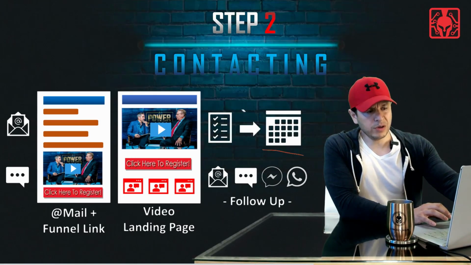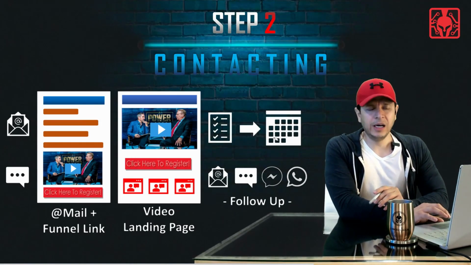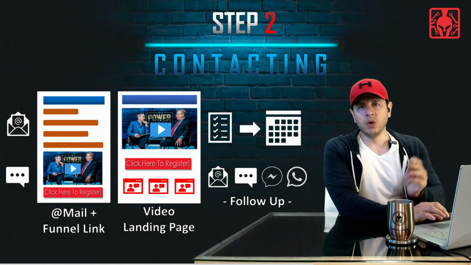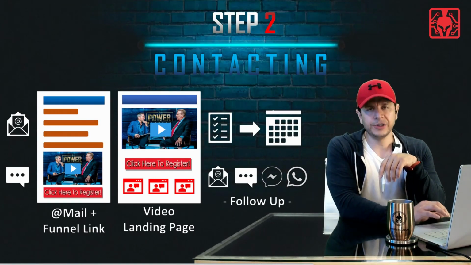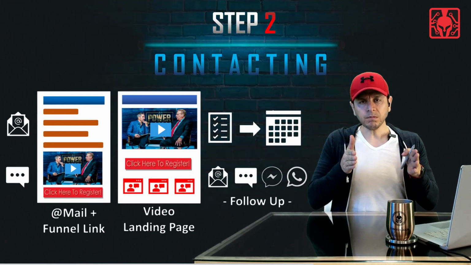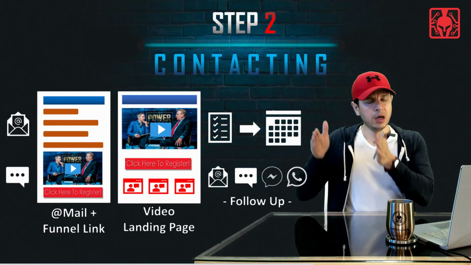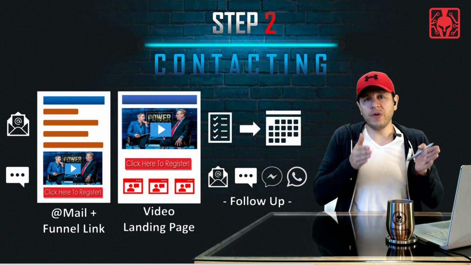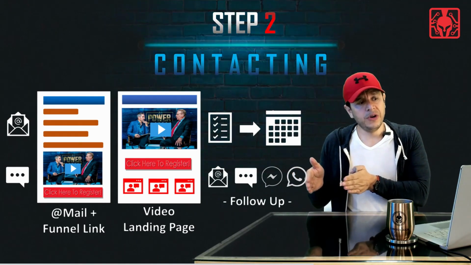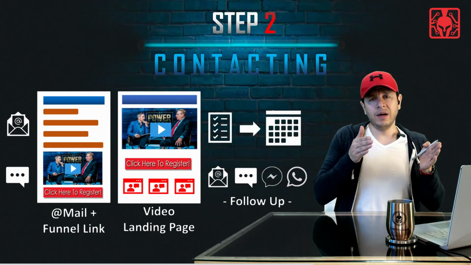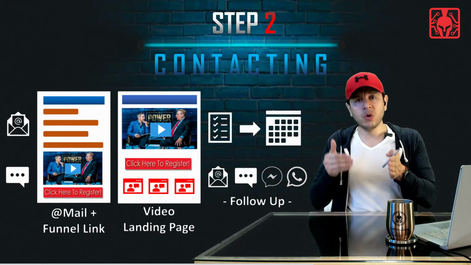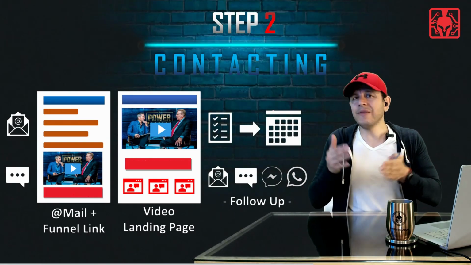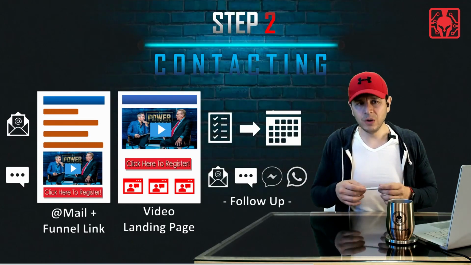And then once they watch the video and take action, it goes to the questionnaire and to the calendar. So it's email, landing page, questionnaire, calendar. Sometimes you could just go from video to calendar if you want. Or you could go from the video to a questionnaire and then you call them to schedule. However you feel is best for you.